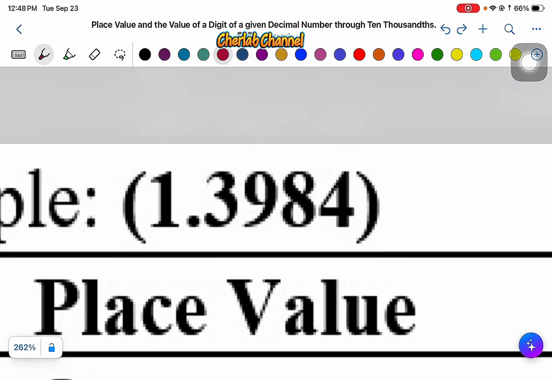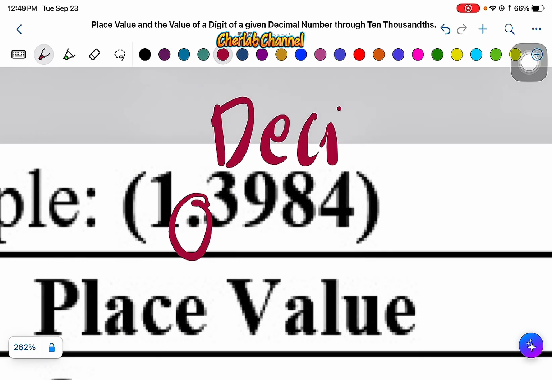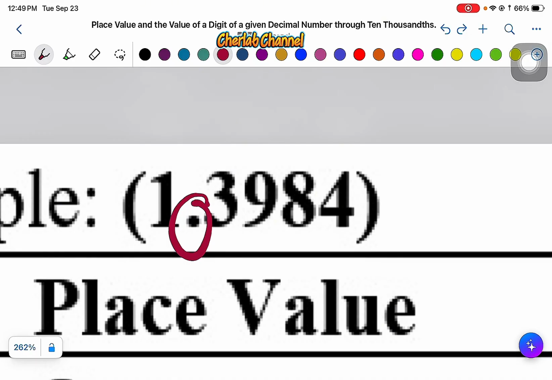1.3984. So this one is a whole number, dahil ito ang decimal point, papuntang kaliwa, it is a whole number. While numbers papuntang kanan from the decimal point ay decimal numbers, mga butal. Okay? So, let us read each digit according to its place.